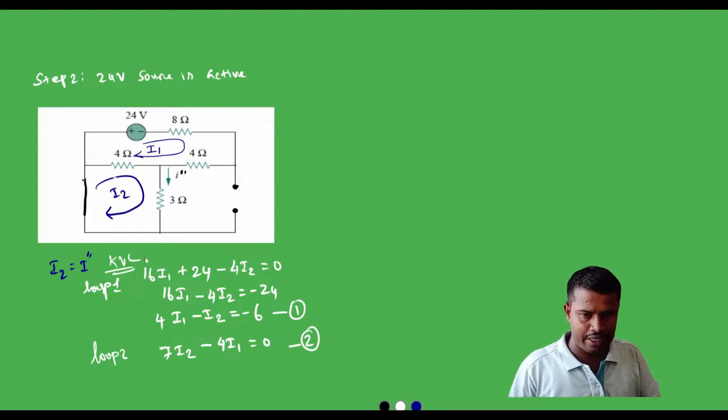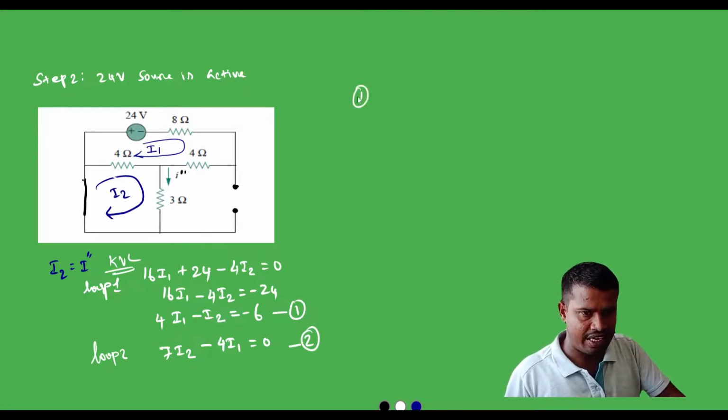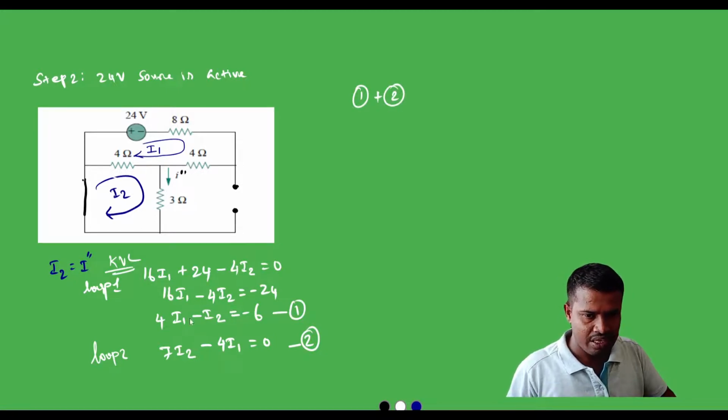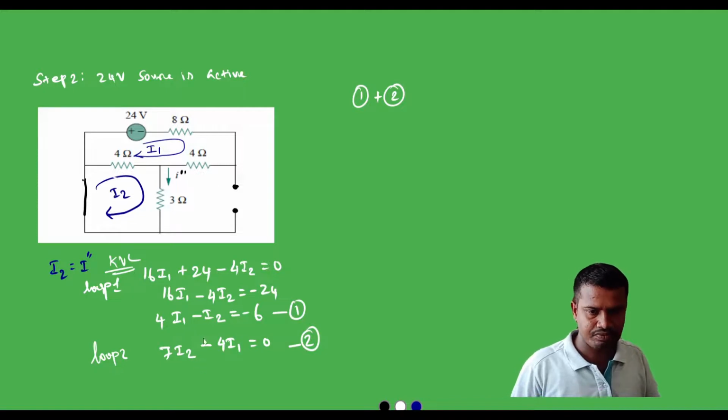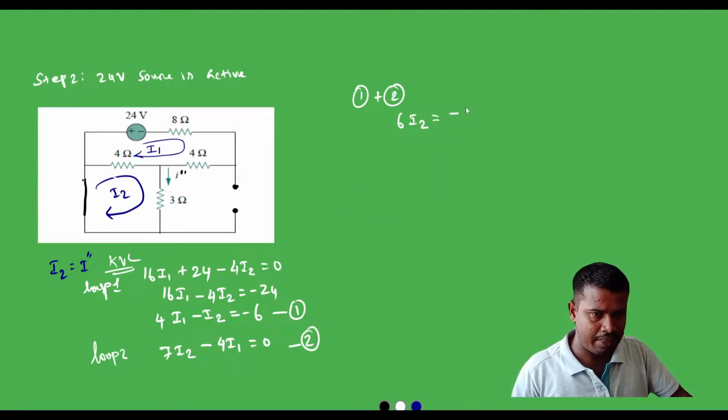Now I want to find out the value of I2, which is equal to I double prime. So we can add these two equations. When we add equation 1 plus 2, the 4 I1 minus 4 I1 will get cancelled out, and 7 I2 minus I2 will be 6 I2, which is equal to minus 6 plus 0, that is minus 6.